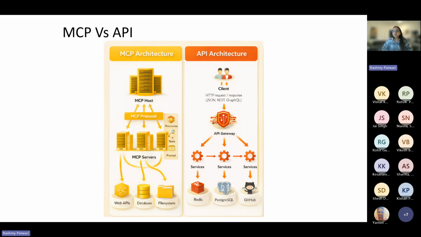I've said many times that I compare it with APIs, but this brings out the architecture difference between what an API can do and what an MCP server can do. Let's take a pause and look at the differences. So an API is typically a contract between your code and a system.